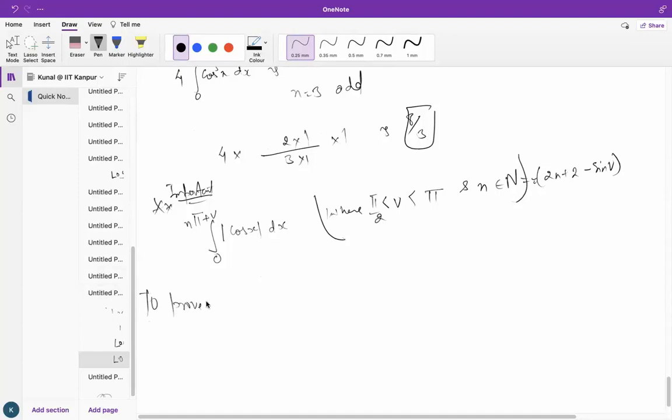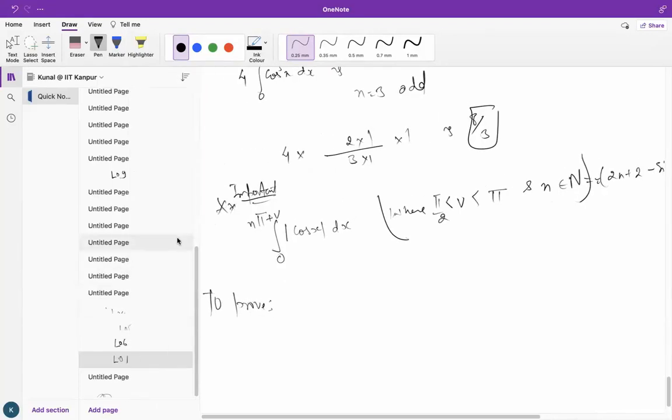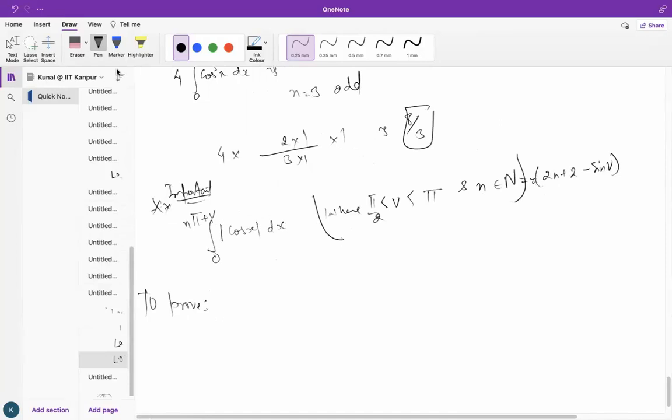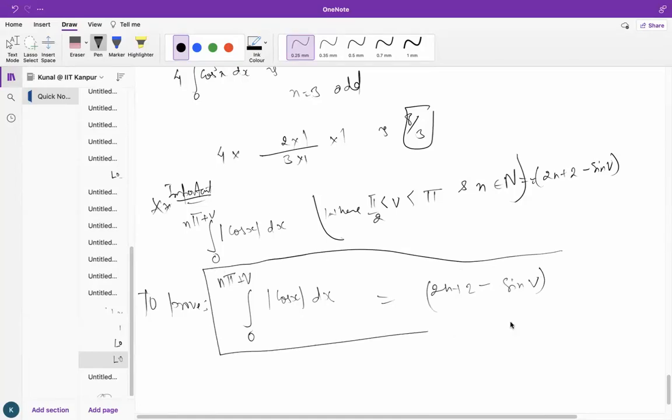And what do we have to prove? We have to prove that when we integrate from 0 to n pi plus v mod of cos x dx, it will be equal to 2n plus 2 minus sine of v. This thing you have to prove here.